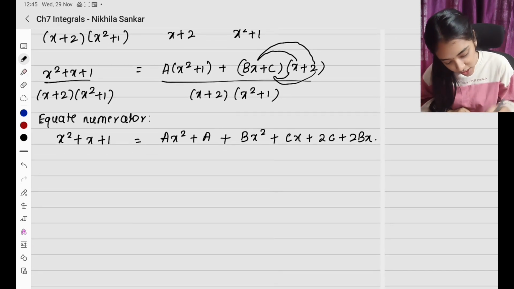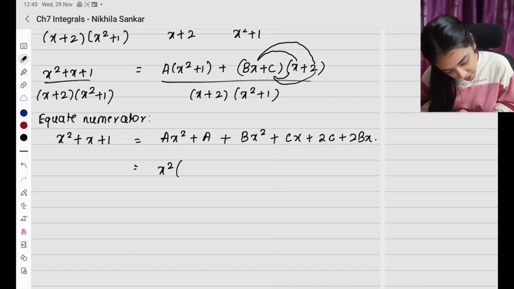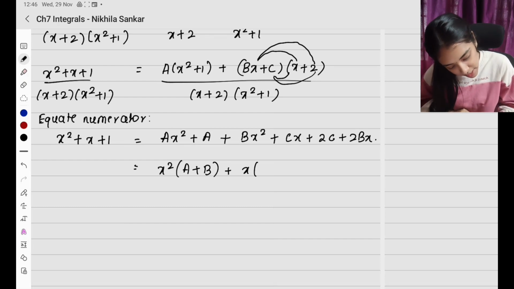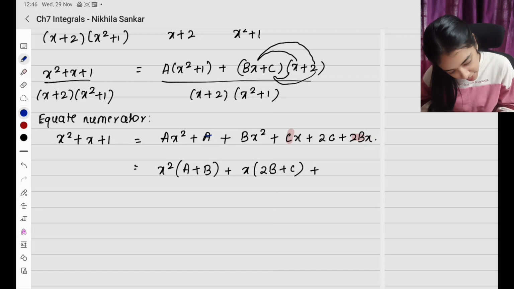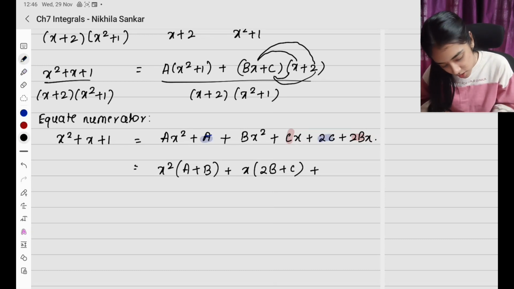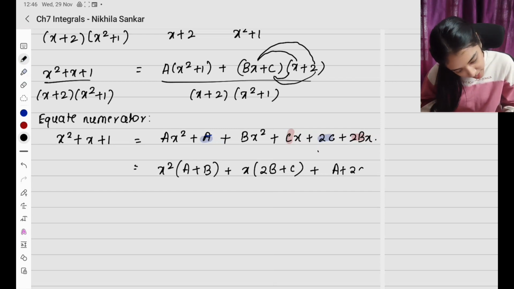Okay, எல்லா terms போட்டாச்சா? Now club the x square terms. So I have x square times a plus b plus x terms club பண்ணா I have 2b plus c. You see here c இருக்கு 2b இருக்கு. What are the constants? Plus constants are going to be a இருக்கு 2c இருக்கு. So these are the constants. So I have a plus 2c.